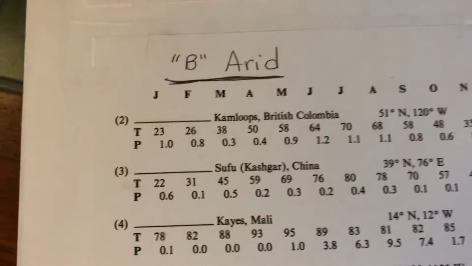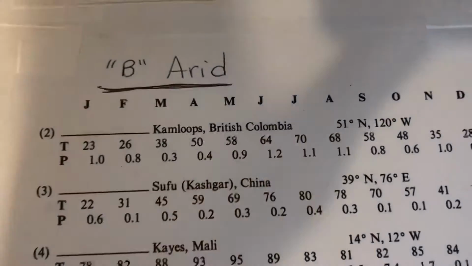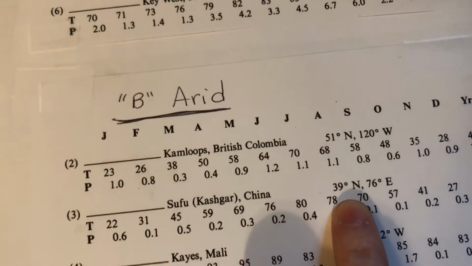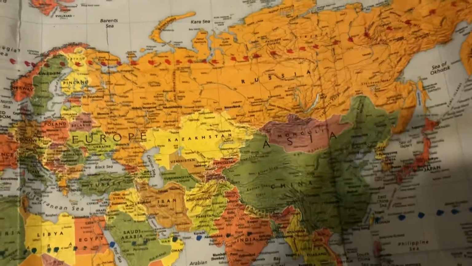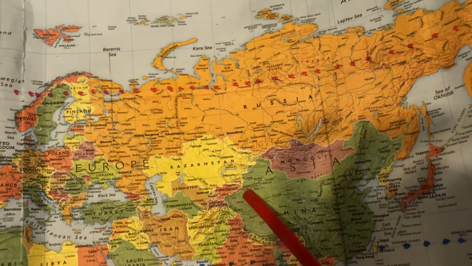Okay, and so I was asking, what's the best explanation for that? All right, you can see that its latitude here is 39 degrees north, so we're in the mid-latitudes. Where it is on the map, if you look it up, it's right over here in this area, all right?